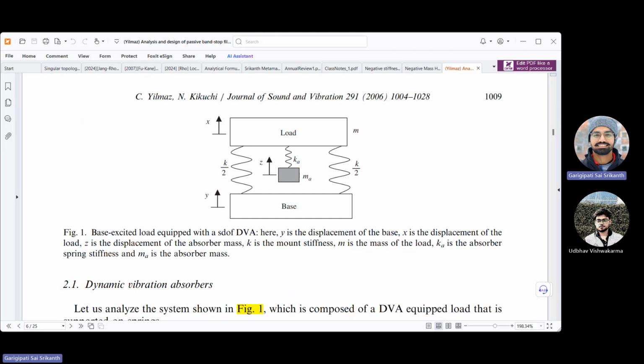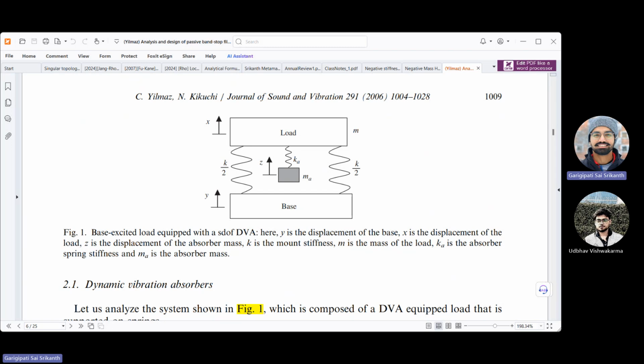Anyway, if this is the extra attachment, this dark colored MA and KA, we call that a dynamic vibration absorber.